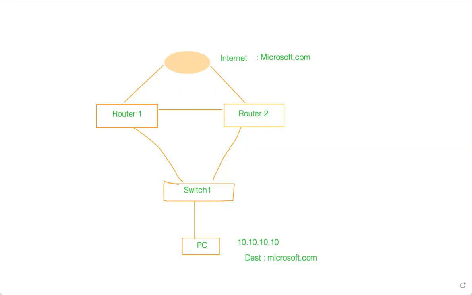We can go from PC to switch 1 and then router 1 and then to the internet. Okay, can you justify your path, Divya? Why only this path?